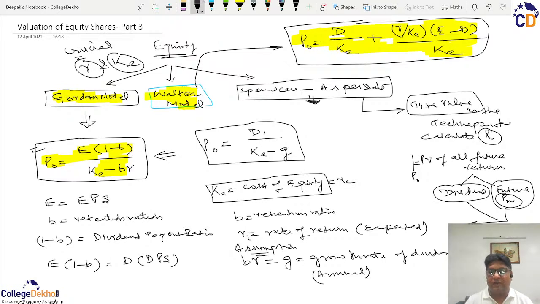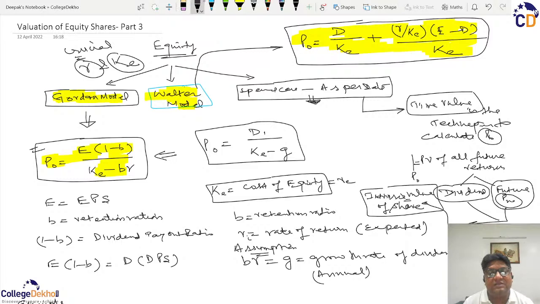Then this total present value will denote the intrinsic value of the share, that is the worth of the share. So if the actual market price of the equity is more than this intrinsic value, then we say that such equity is expensive and we don't advise buying such shares.